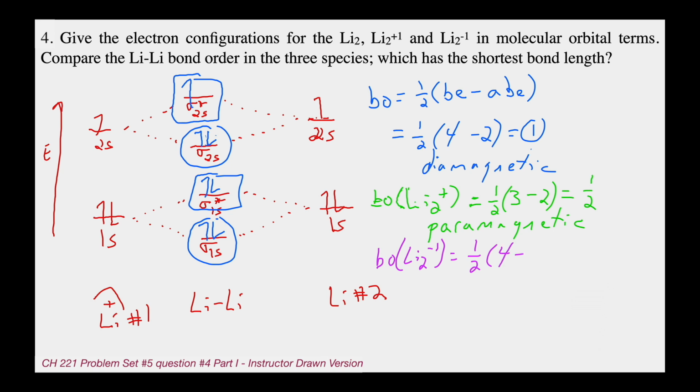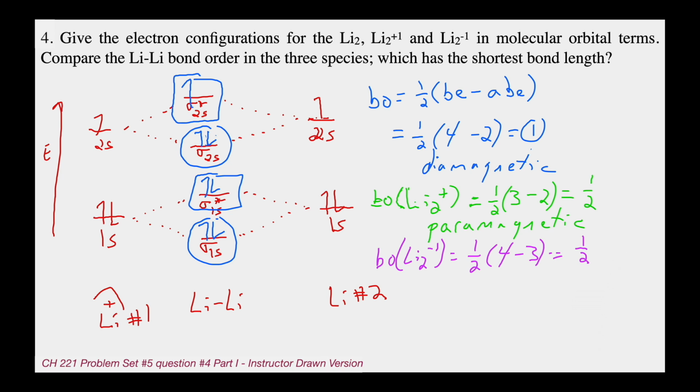And in this structure for Li2 minus, we have 2 antibonding sigma 1s and 1 antibonding sigma 2s, so we have 3 antibonding electrons. So we'll go 1/2, 4 minus 3. This is 1/2 for the bond order. So again, easy to make the ions because all I had to do was add an additional electron relative to neutral Li2 to figure this out.